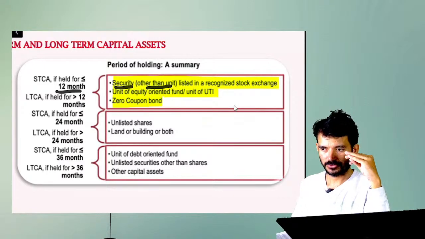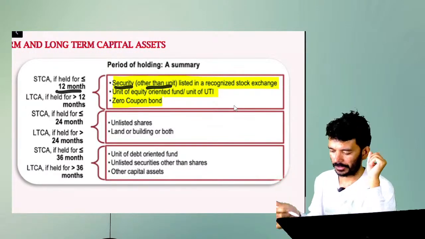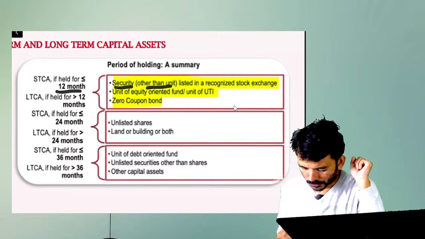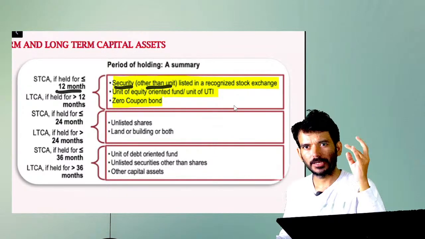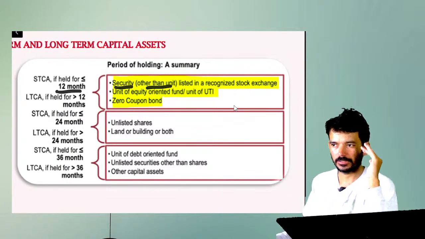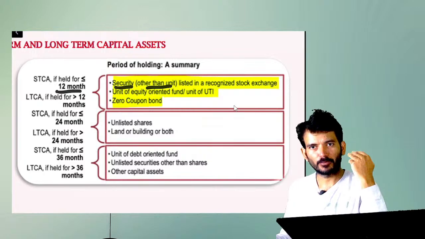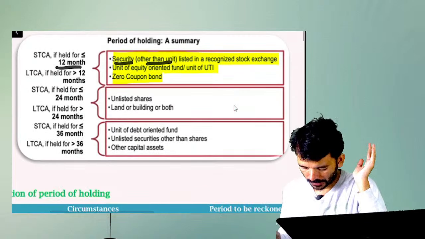Eventually when you calculate, which rate should you be using, and while setting off, which is permissible and which is not permissible. Equity oriented fund and zero coupon bonds, if they are held for a period of more than 12 months, you call it long term, otherwise it is short term.